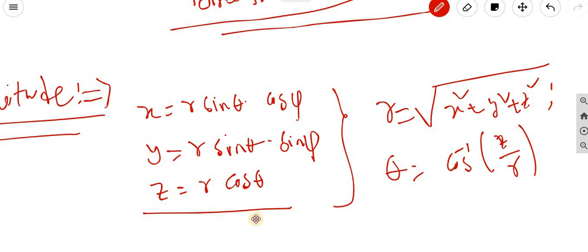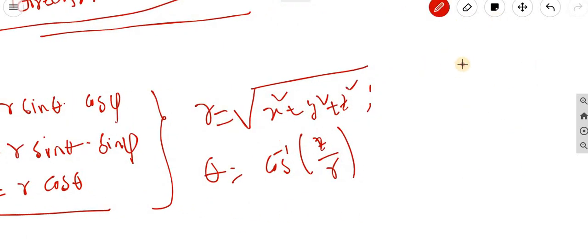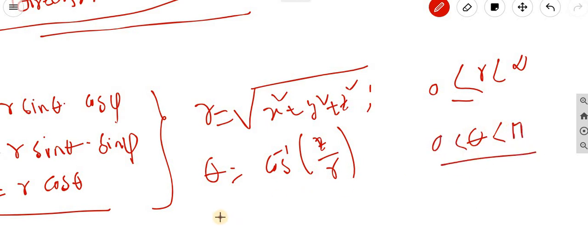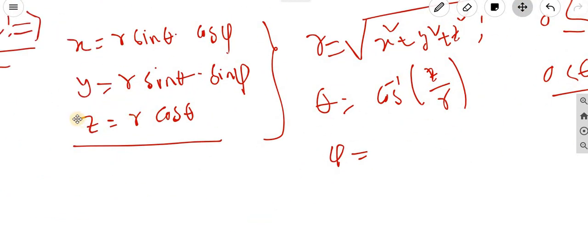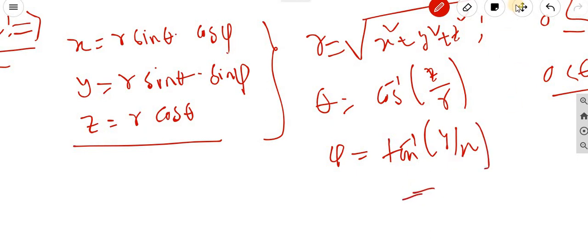Phi ranges from zero to pi, and phi is tan inverse of y by x.